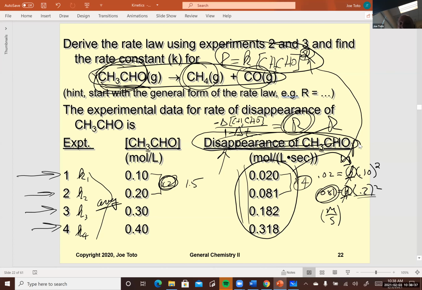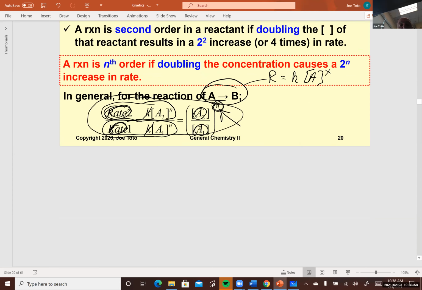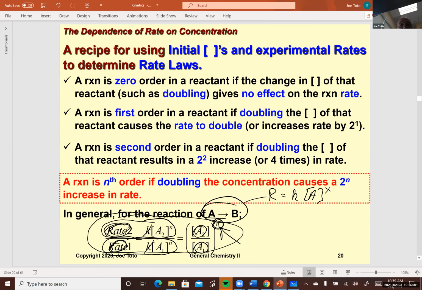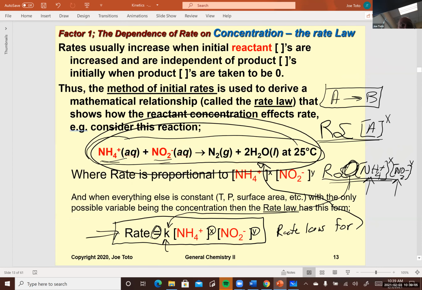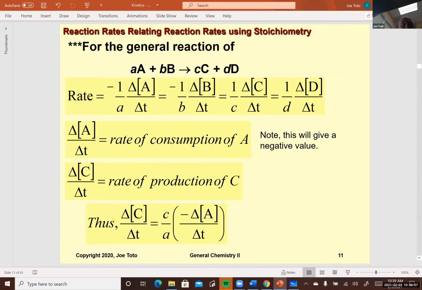Okay? This happens to equal the rate of the reaction. But if there's a stoichiometric coefficient involved, then you're going to have to scale these numbers accordingly. And when I say accordingly, I mean according to that generalized rate equation for average rates that we talked about last time. Yeah, this one.